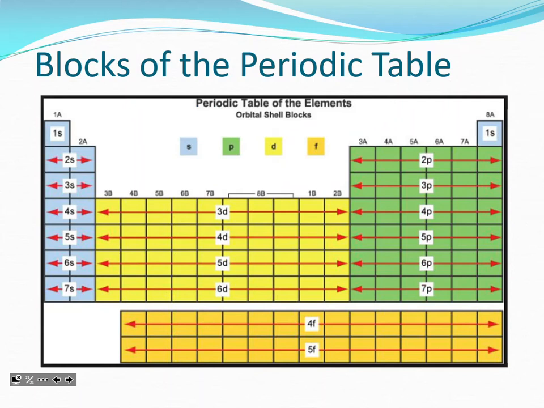I'm going to show you next class how to come up with the electron configurations and the orbital diagrams using this as a tool. So you don't have to memorize it, you just have to be able to use the periodic table to help you figure it out.